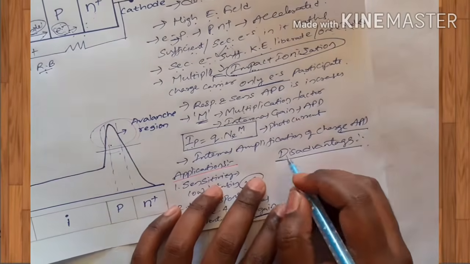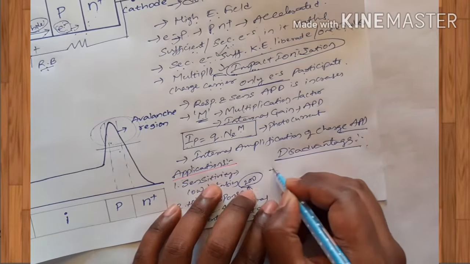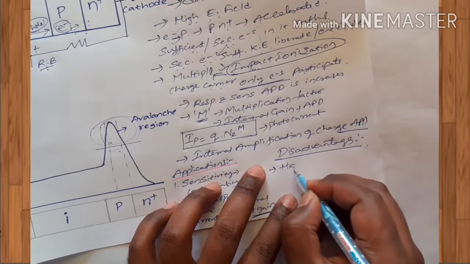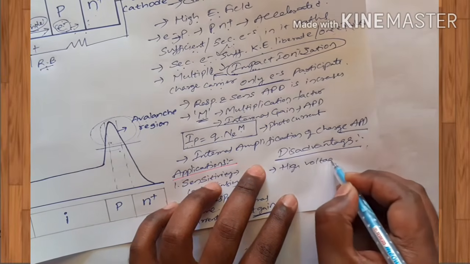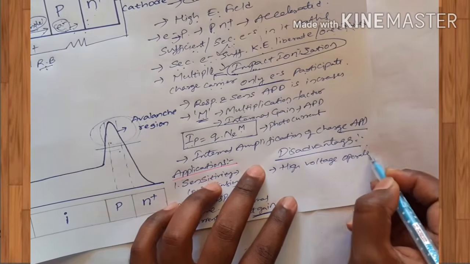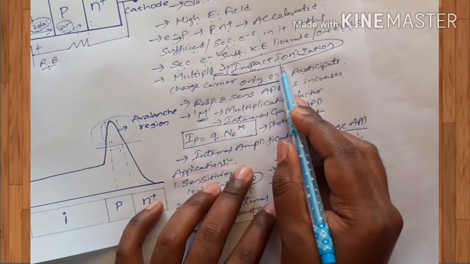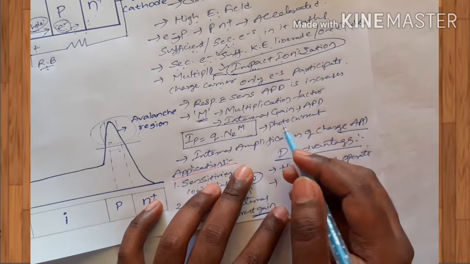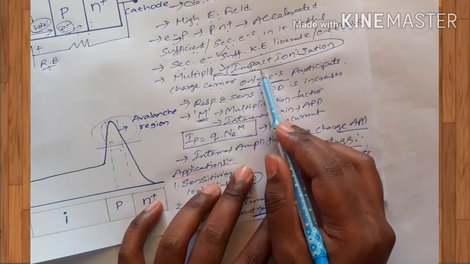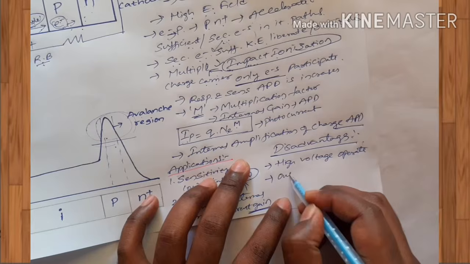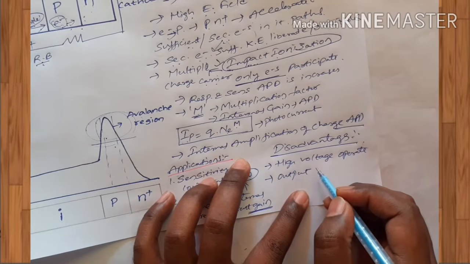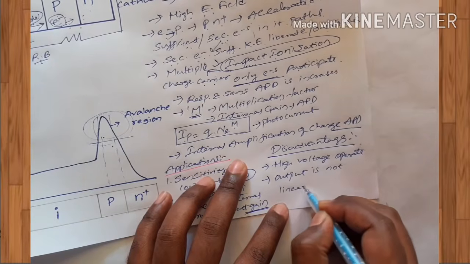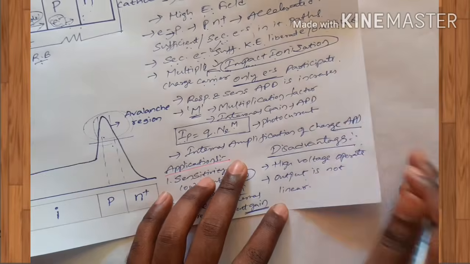The main disadvantage is that these devices require very high voltages to operate, and because of impact ionization, the generation of charge carriers happens exponentially, and because of this exponential generation of charge carriers, the output of the avalanche photodiode is not linear. So this is the main drawback of the avalanche photodiode.